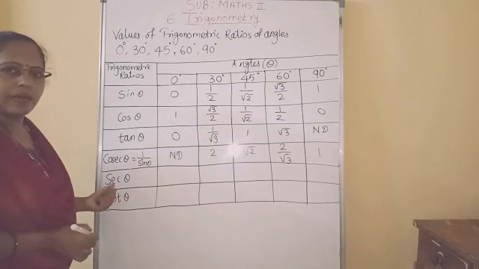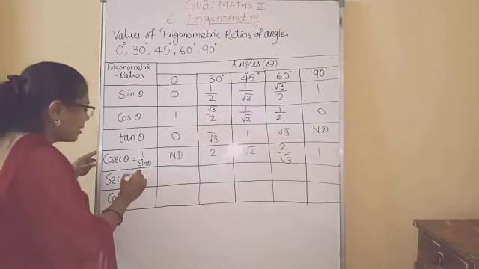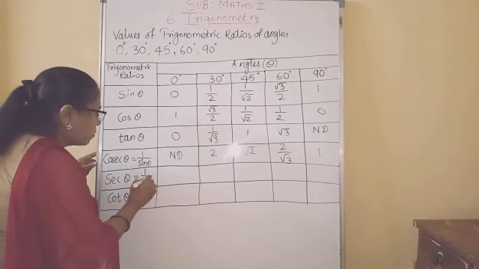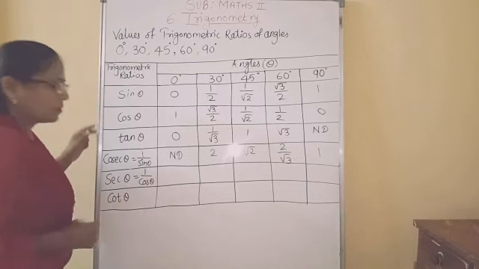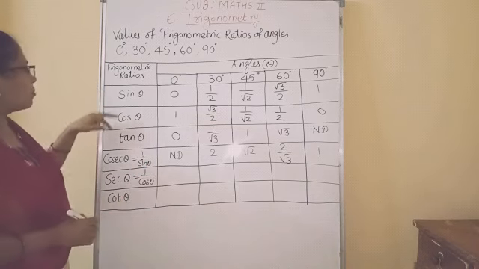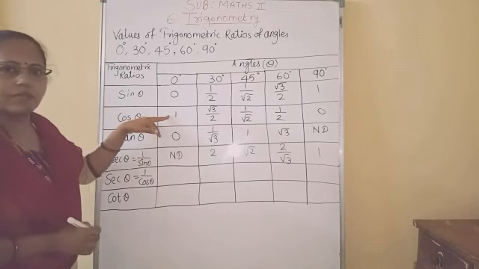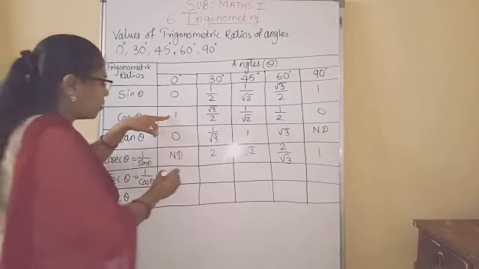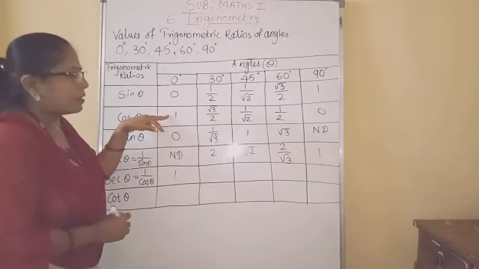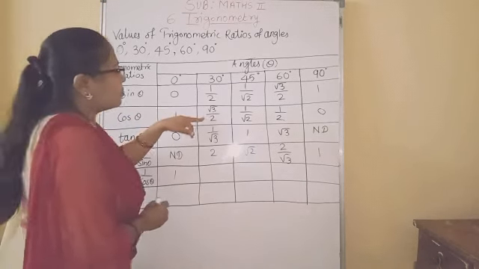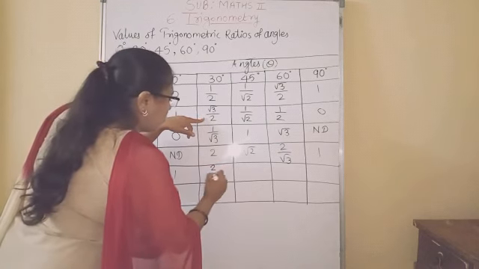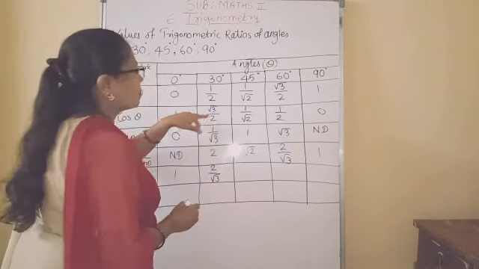Next is sec theta. Now the formula for sec theta is 1 upon cos theta. So we have to make reciprocal of cos theta. First value is 1, so reciprocal of 1 is 1. Then reciprocal of root 3 upon 2 is 2 upon root 3.